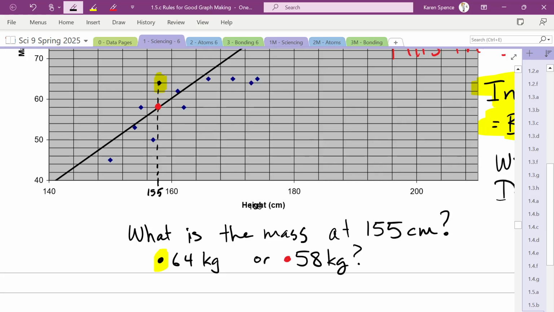Which one do you like? Do you like the yellow point or the red point? I like red too. You should always read off of your best fit line. Never read the data point. Always read off of your best fit line. So the answer is 58.